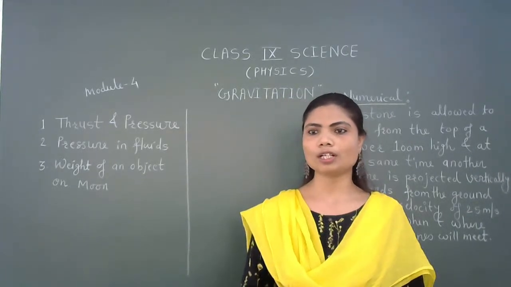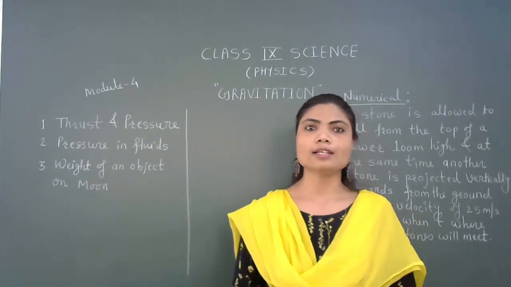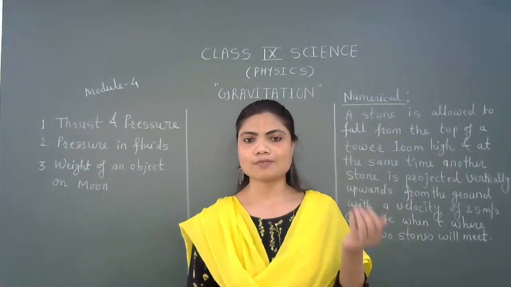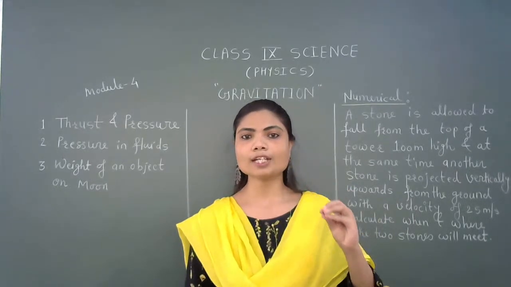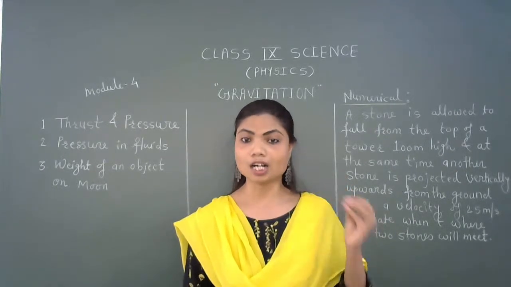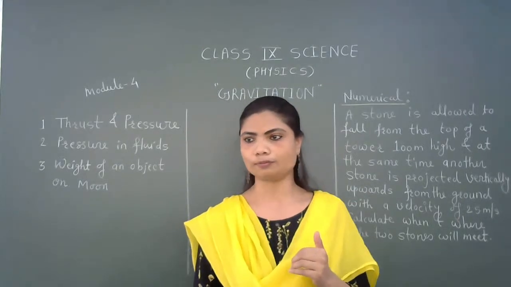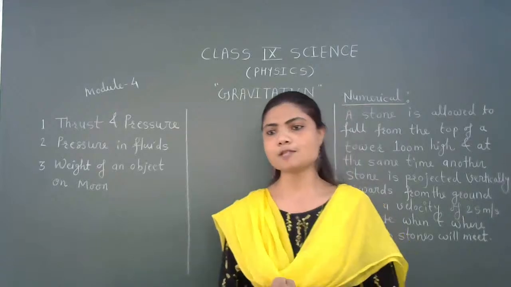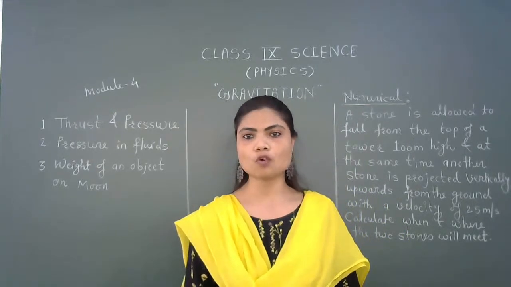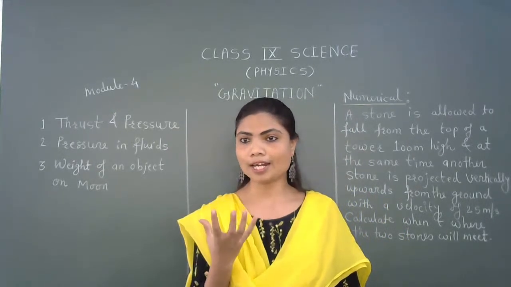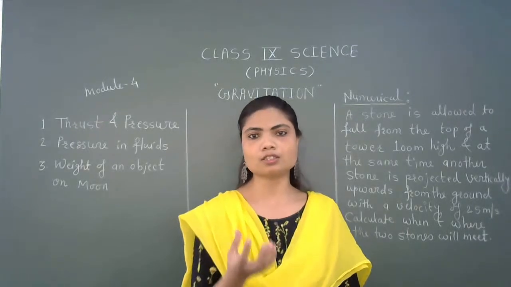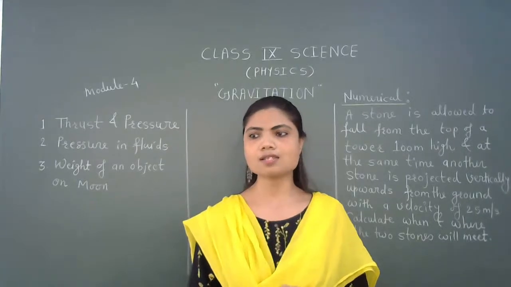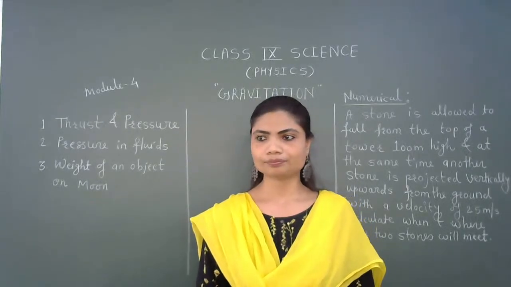So today we have to continue with this part and understand the weight of any object on the moon. We have understood the weight of an object on Earth. It is because of the gravitational force applied or attracted by the Earth to that object, with a small mass m, right?